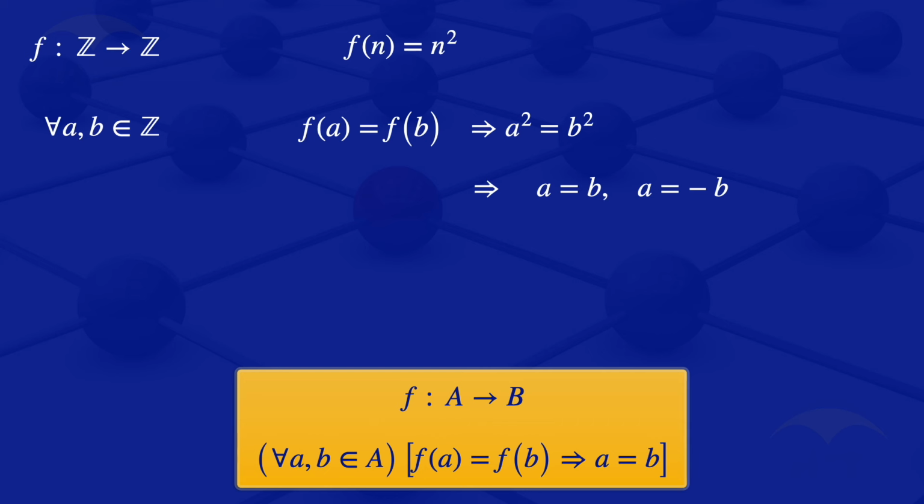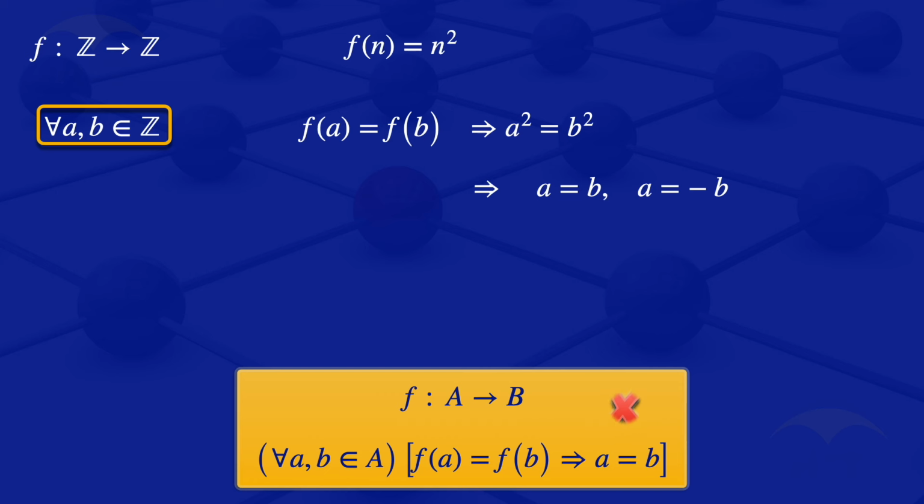And recall that we are looking at the set of integers there, the a and the b. So these two parts, a equals b or a equals minus b, are both valid. But in our definition, we are saying that we should have a equals b.